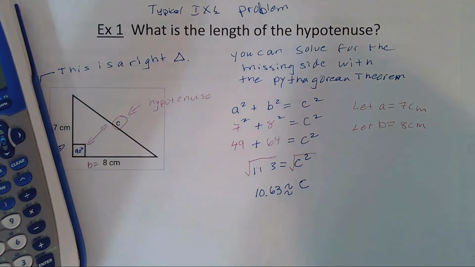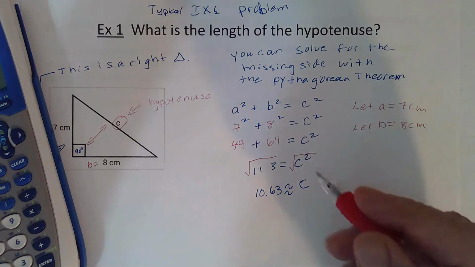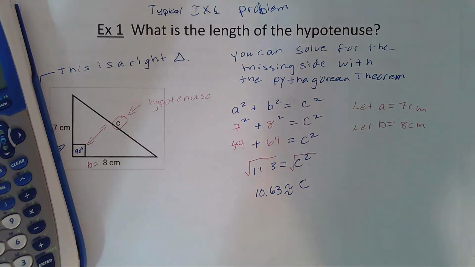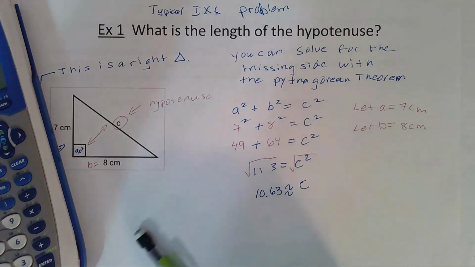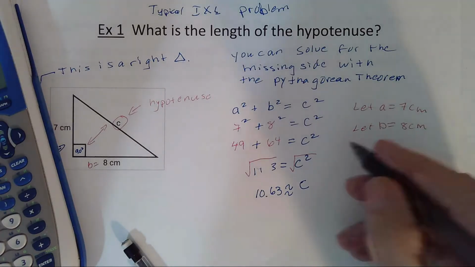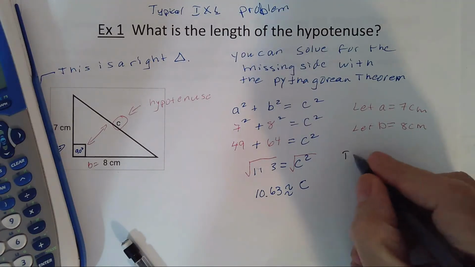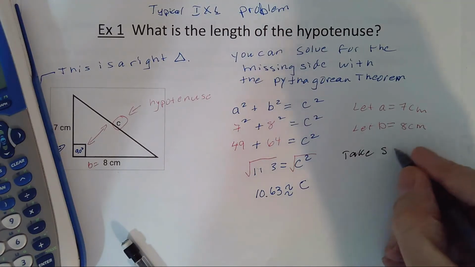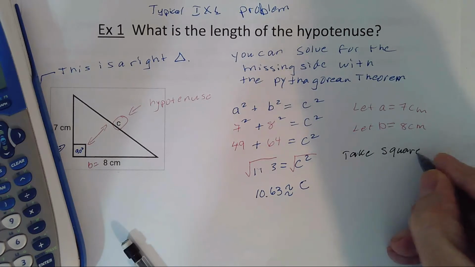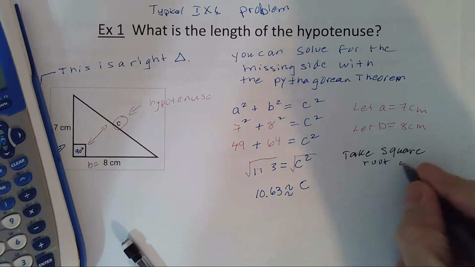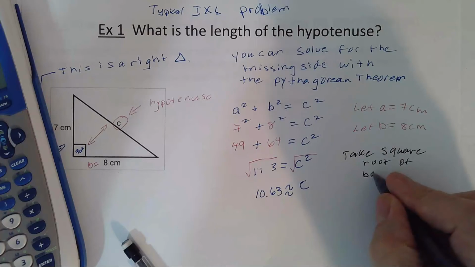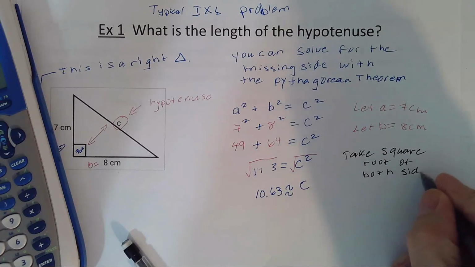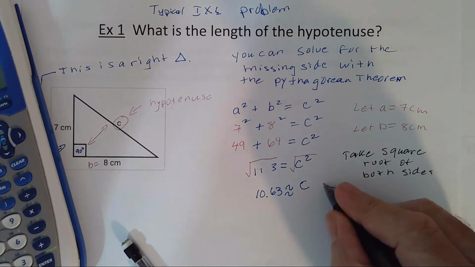So let's just go over here on the side. Oh, let me add this. So take the square root of both sides. And this is our approximate answer by calculator.